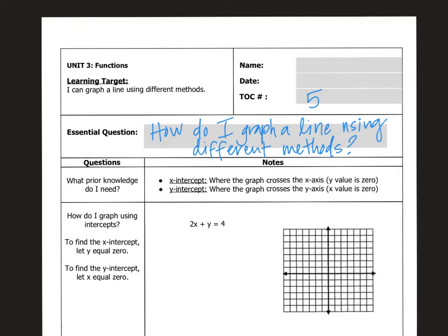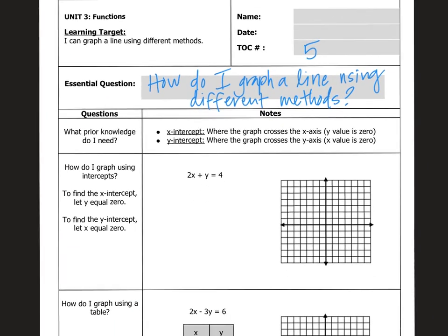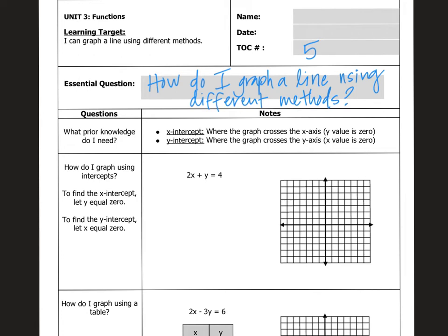Okay, how do I graph using intercepts? So we're going to plug in 0 for y to get the x-intercept for this equation that we have right here. So I have 2x plus 0 equals 4.